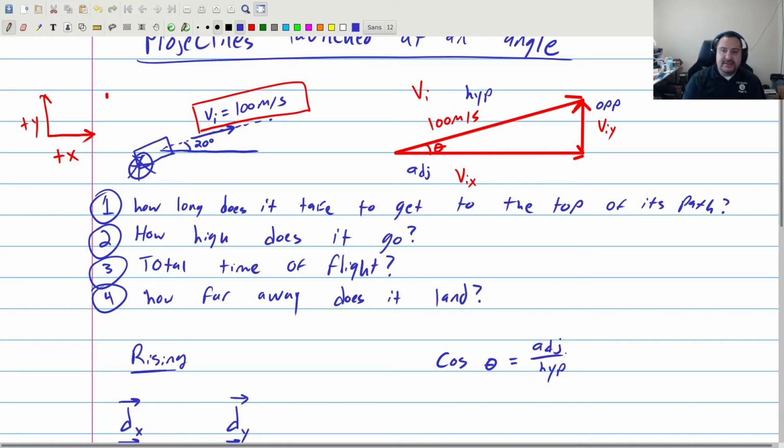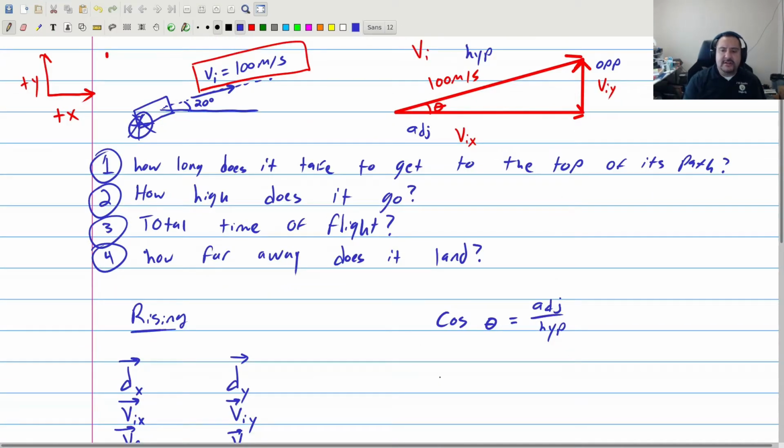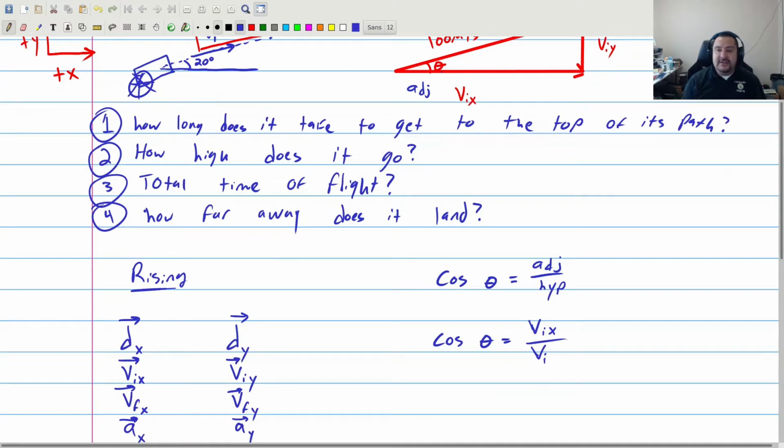In this case, it's going to look like this. The cosine of the angle is equal to V initial x divided by just V initial, without any subscript on it, just for that 100. So now all I need to do to get V initial x is multiply by V initial on both sides.